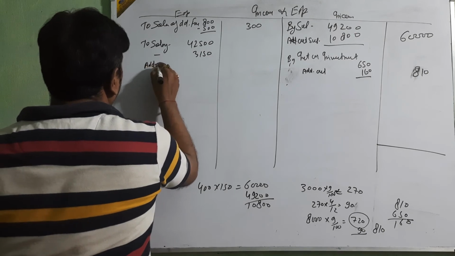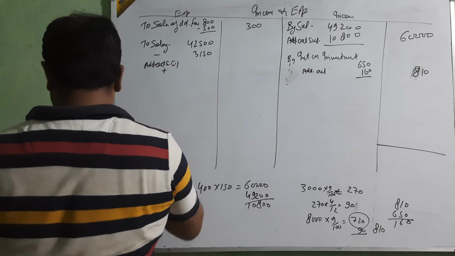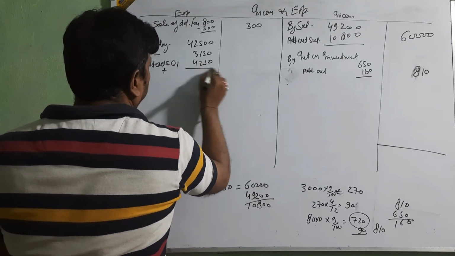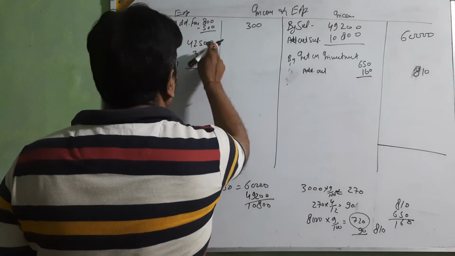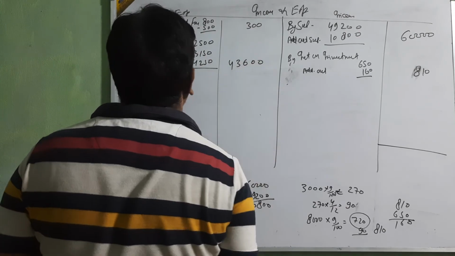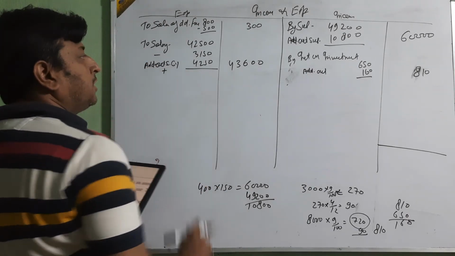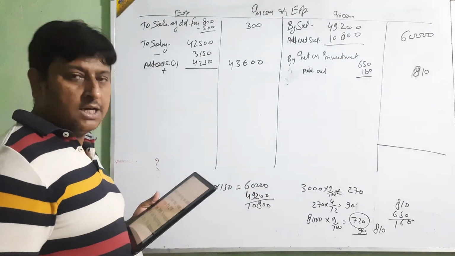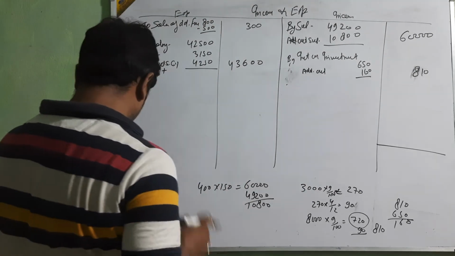Add outstanding salary current year, it's a plus 4,250. Okay beta, just the difference of these all, adding this to 43,600. Now beta, the difference: add 4,250, add 3,150 less. So the difference is what? 1,100. That will be added.